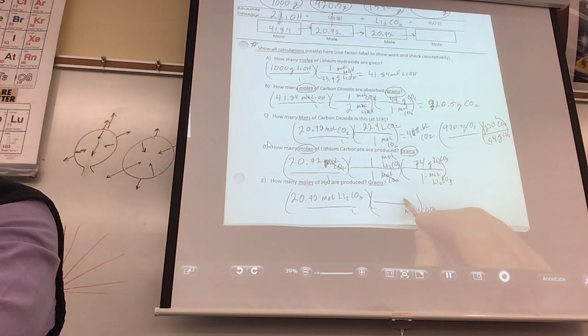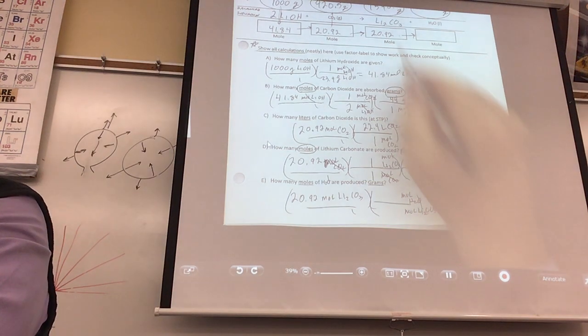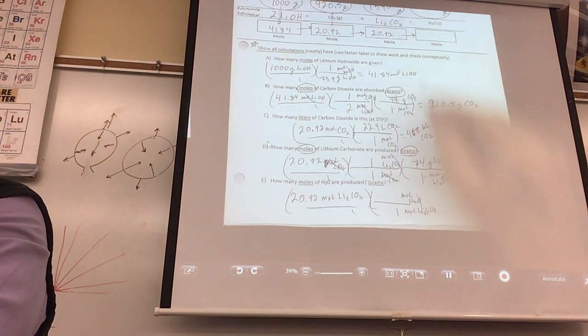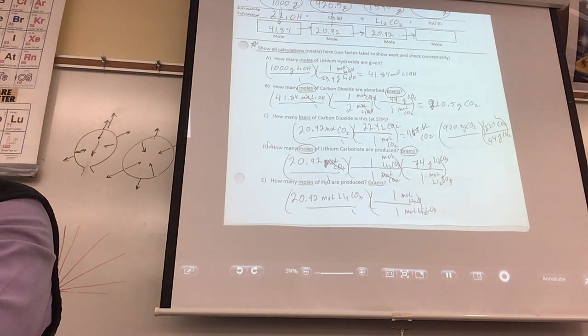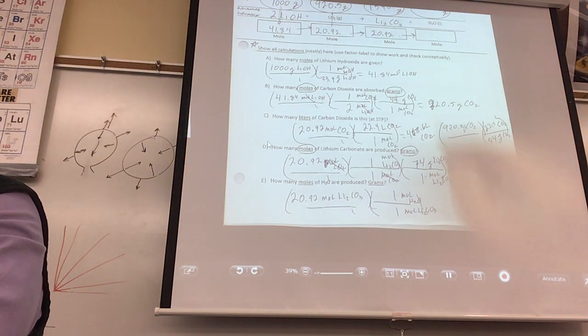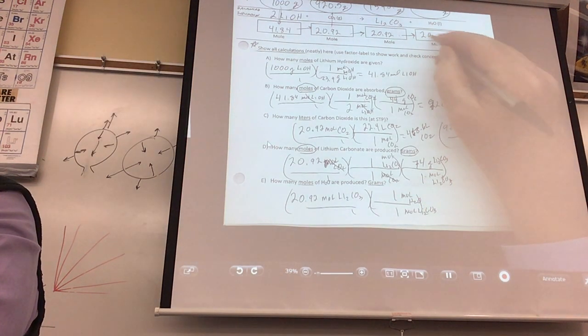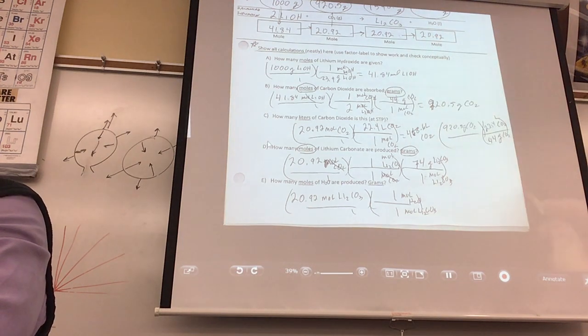Yes. To moles of water or grams? Moles of water. And since you're going sideways, where are you going to get your numbers from? Coefficients. Ready? For every 1 mole of that, it'll produce 1 mole of that. There you go. Now, if we put that in there, that's why matchy-matchy works, by the way. Everybody get that?